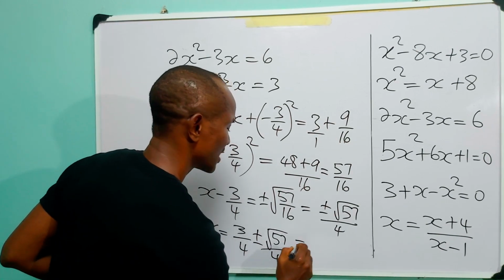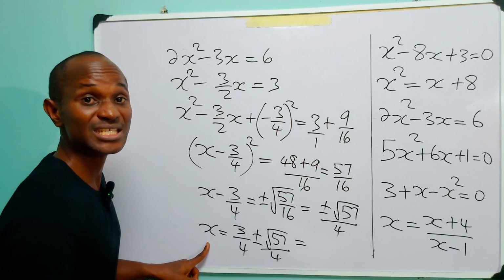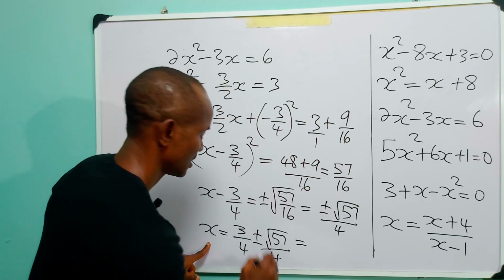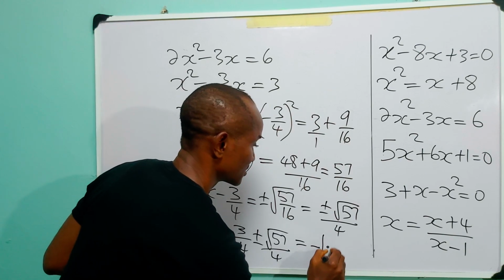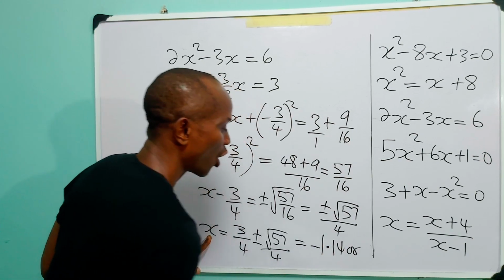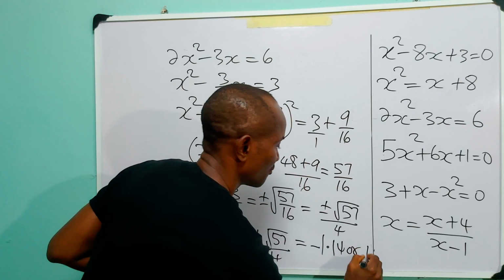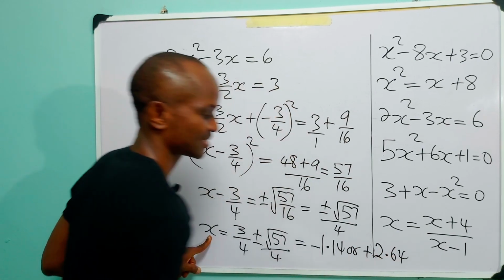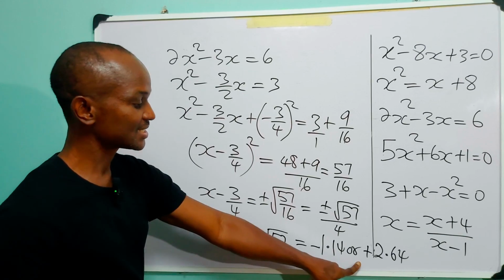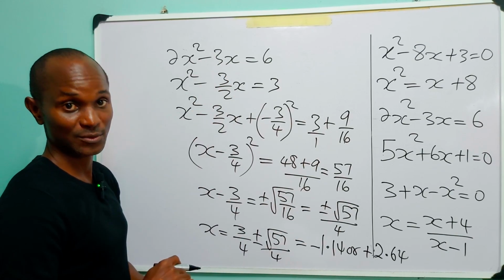So when we evaluate, we have that the roots of this equation are x equal to minus 1.14 or plus 2.64. So these are the roots of this quadratic equation.